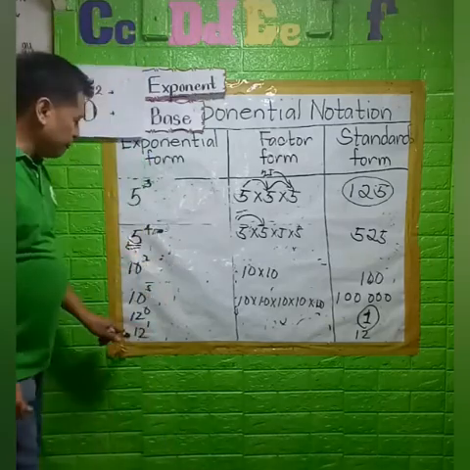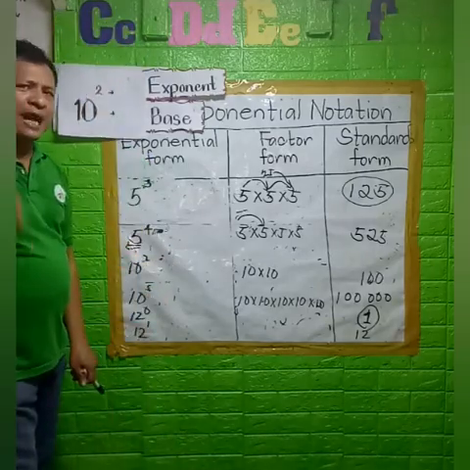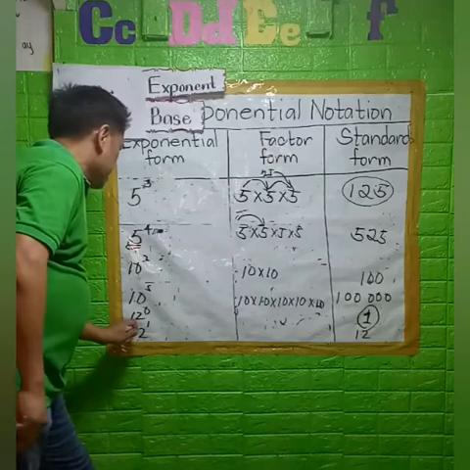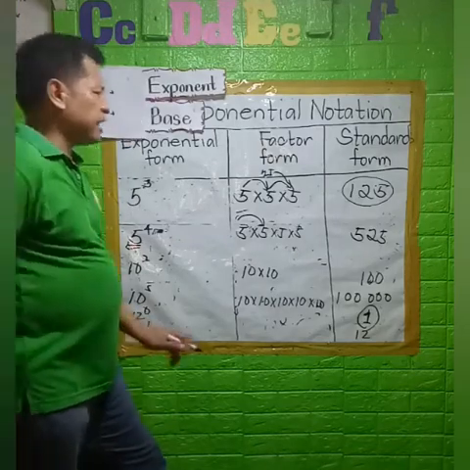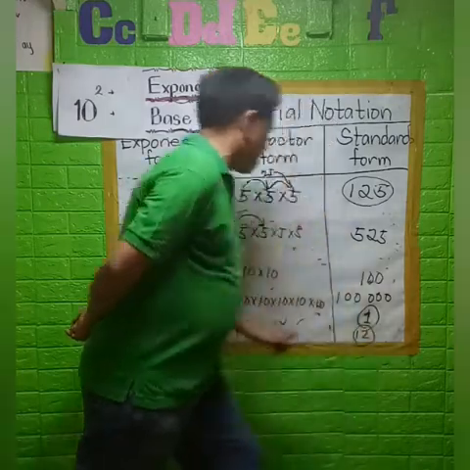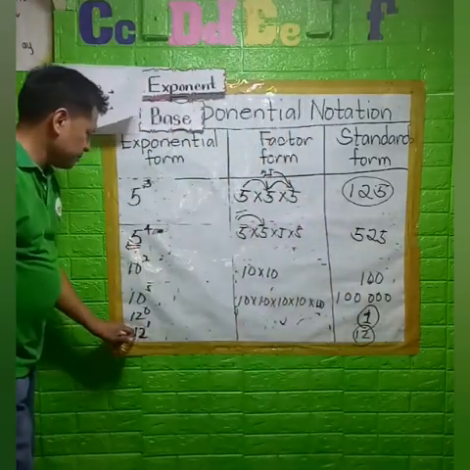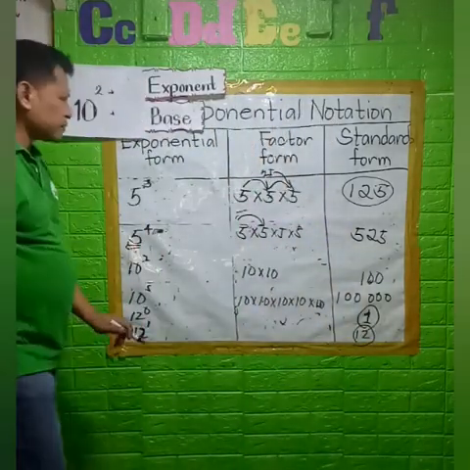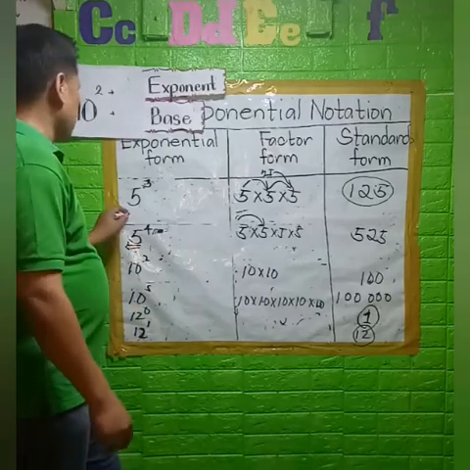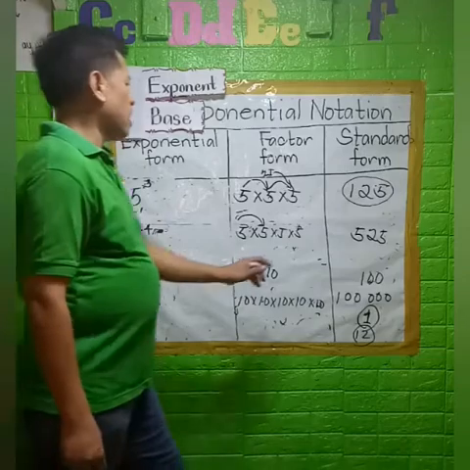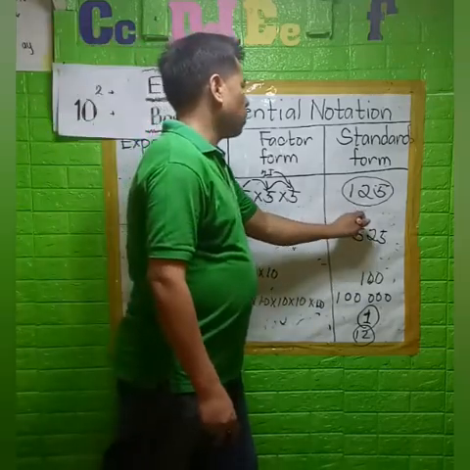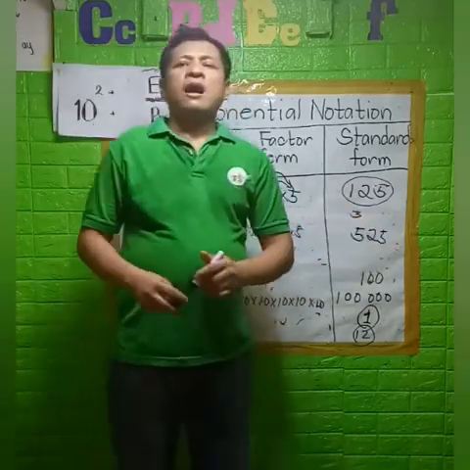And if we will be using any number having the exponent which is 1, the answer is always the number. What is our number here? That is 12. So let's say, for example, 5 to the power of 1. Our answer here is always 5.